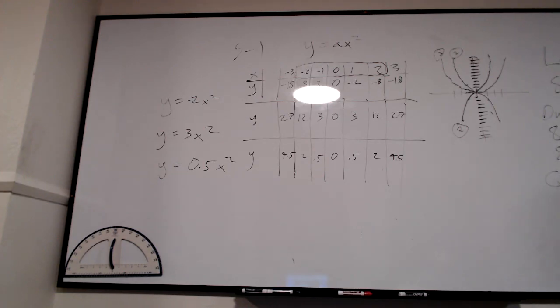Okay, is this making sense? Yes. 12, and that would be 3. So 1, 2, 3.